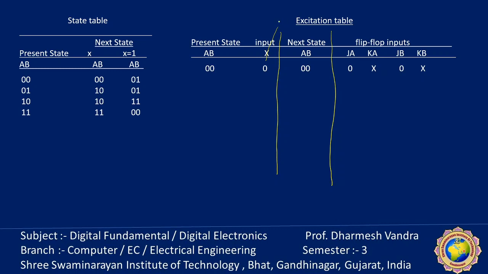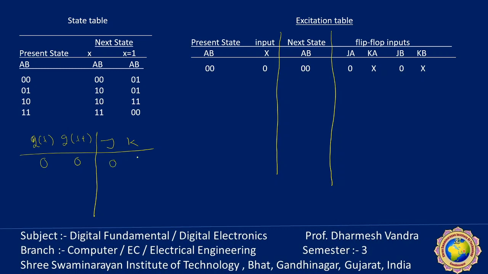What does the excitation table say? Q(t) and Q(t+1) and the values of J and K. If both are the same, it may be stable or reset.